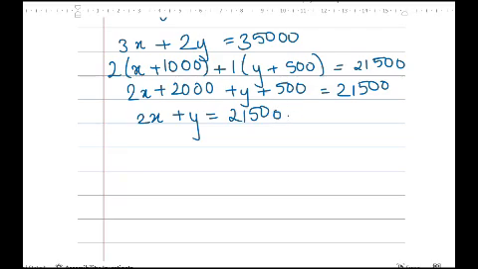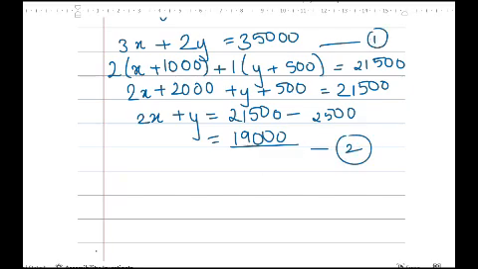So you have 21,500 minus 2,000 plus 500, that is 2,500. What you get here is 19,000. So 19,000 is 2x plus y. You have this equation 1, this equation 2. So you will make another equation, that is equation 2 into minus 2.